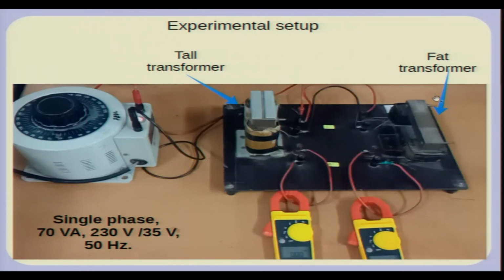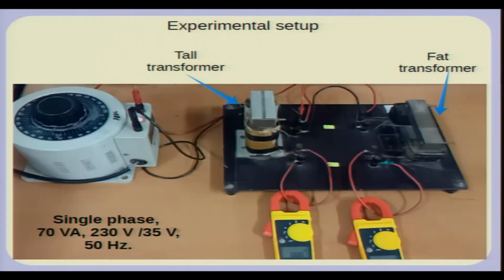So, we have got a tall transformer and a fat transformer, and we apply the same voltage to both, and we need to conceive an experiment which will tell us which of the transformers has high leakage. Both the transformer windings have the same resistance because they use the same conductors, and the number of turns are the same. So, the resistances are equal, but if one transformer has more leakage, it will manifest in some performance measure.